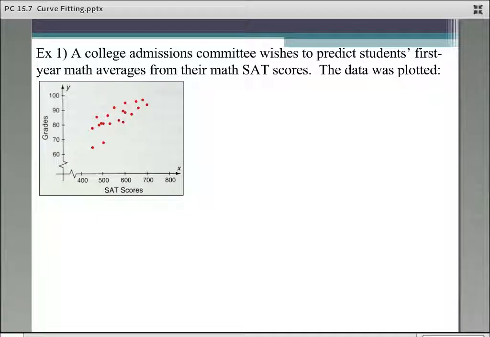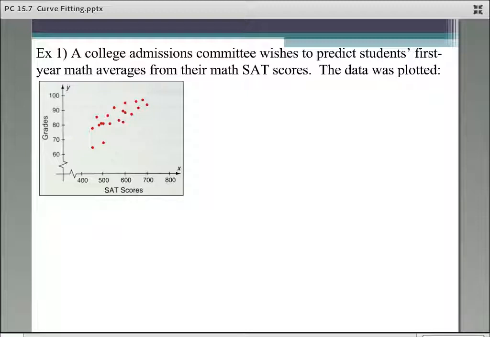So example 1 says a college admissions committee wishes to predict students' first-year math averages from their math SAT scores. And then they plotted the data. And so notice that along the x-axis or horizontal axis, they've got the SAT scores, and then on the y-axis is the grade.